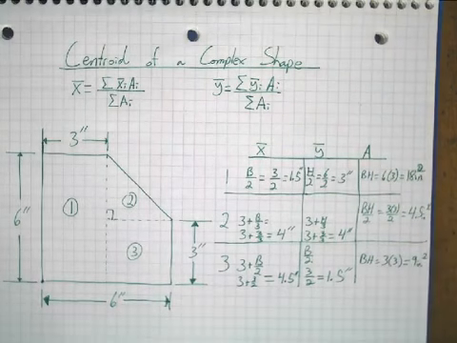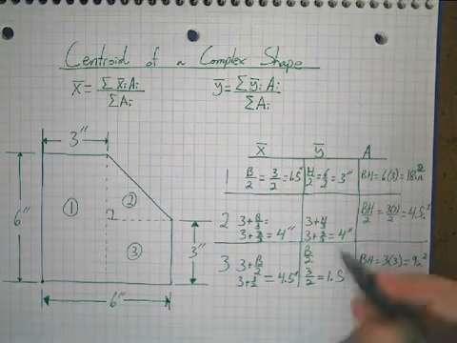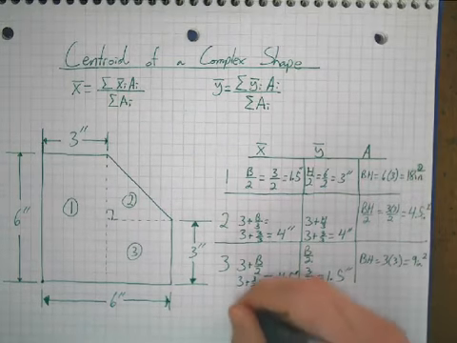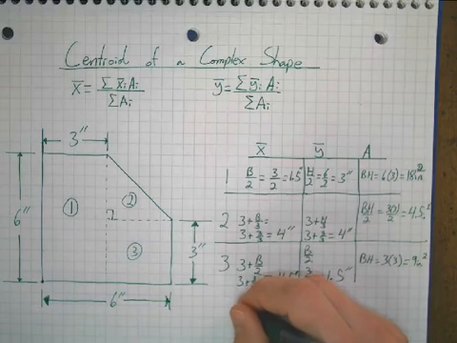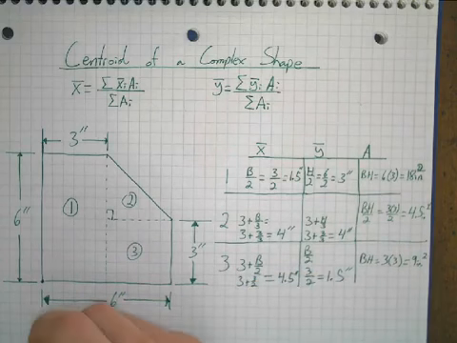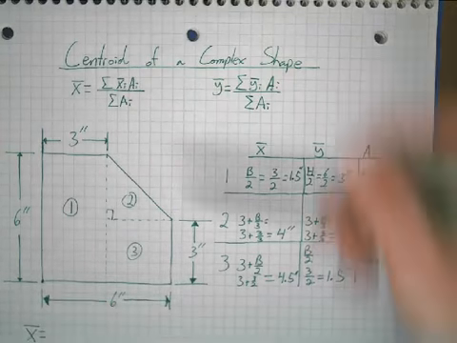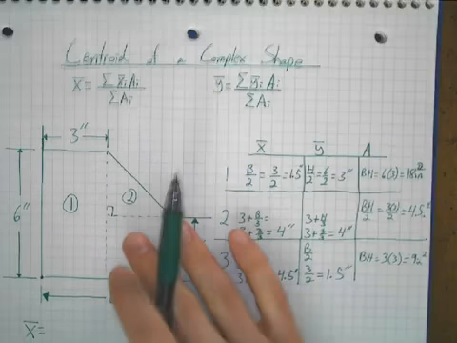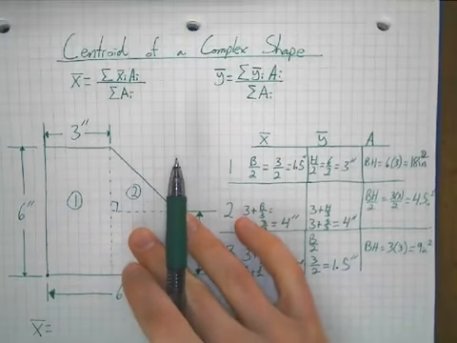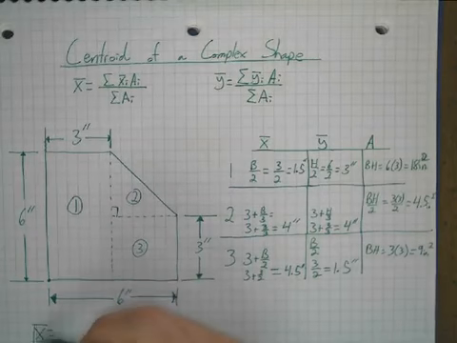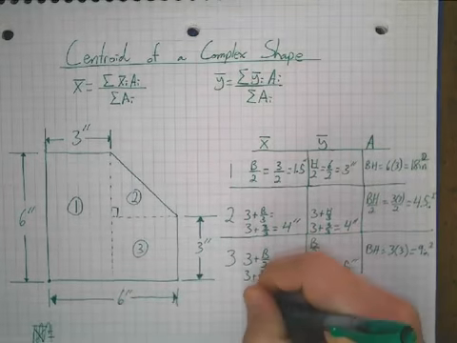All right, let's wrap this up. So to find x bar, let's write it over here so we have space. It's going to be just like this equation up here says.